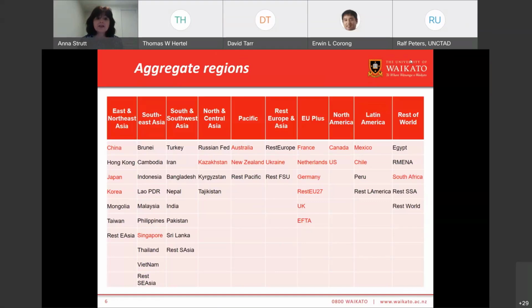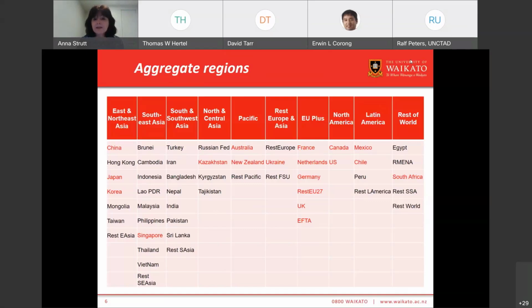In addition, the other regions are specified, and I'll make mention of some of these countries when we look at some of the results. For example, if you look at North and Central Asia, that includes Russia, Kazakhstan, Kyrgyzstan, and Tajikistan. Russia tends to dominate this particular grouping, makes up a very large proportion of the GDP for this region, so it tends to have a big impact on those results.